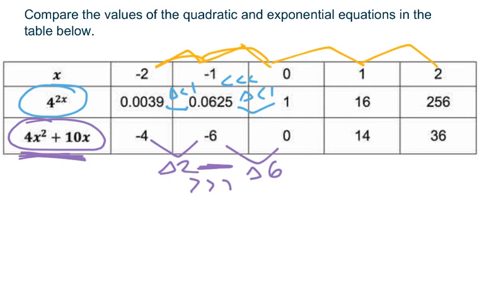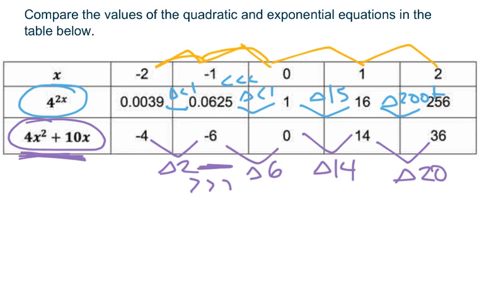Between 0 and 1, our exponential changes by 15 units, while our quadratic only changes by 14 units. Between 1 and 2, our exponential changes by over 200 units, whereas our quadratic only changes by a little over 20 units.